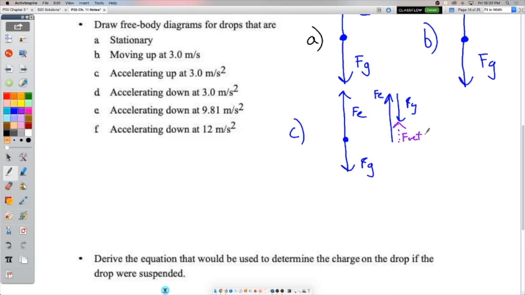Okay, we look at D, accelerating down at 3 meters per second squared. It should look similar, except this same size F net will be down, assuming the mass of the oil drop is the same here, which we have been assuming. So the force of gravity hasn't changed because we're assuming the same mass of the oil drop this entire time.